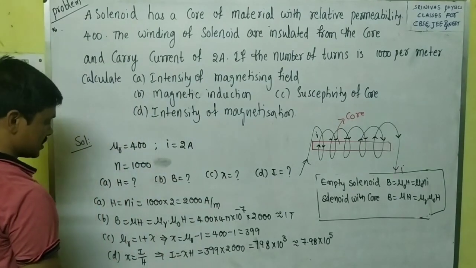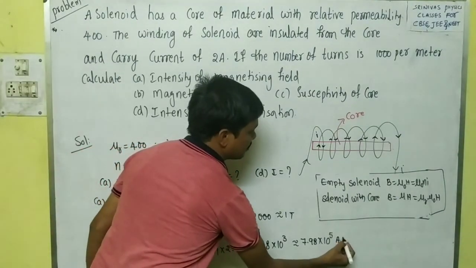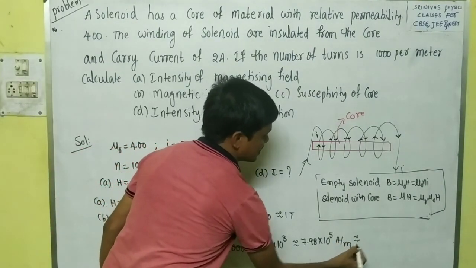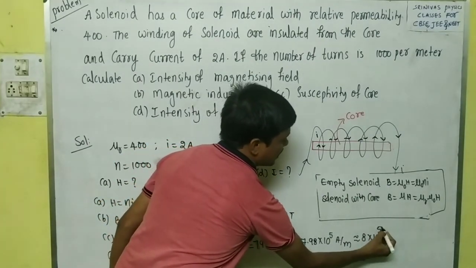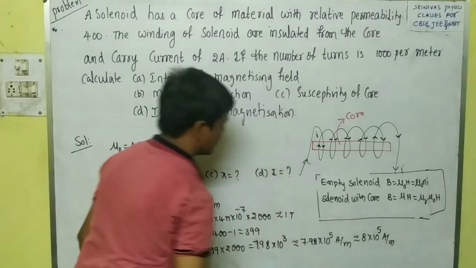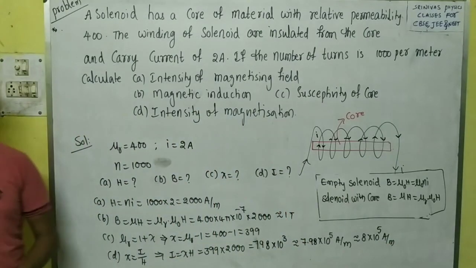Its unit is again ampere per meter. This we can also write as nearly 8 into 10 to the power of 5 ampere per meter. This is the solution.